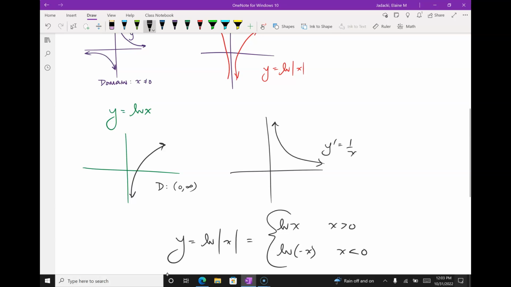Right, like if I want to plug in 2 there, right? If I want to plug in the ln of the absolute value of 2, well, that's just ln of 2. That's what goes up into the positive, right? If I want to plug in negative 2, I use this one, and then I get ln of the opposite of 2, right? So, but let's do our derivatives there.